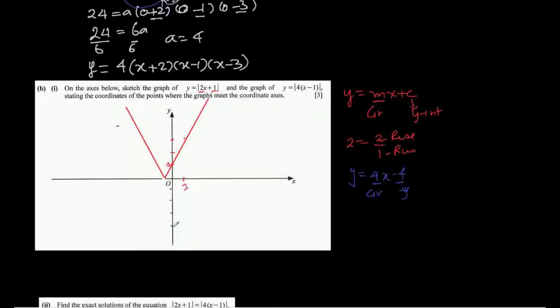This is the point from where we will start, because this is the y-intercept. Now rise 4, gradient can be written as 4 over 1. That means rise is 4, run is 1. So rise is 1, 2, 3, 4. We reach 0 and run is 1. This is the point where we will join the y-intercept. So let me do that.